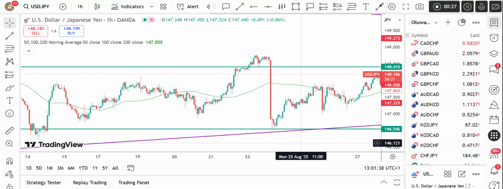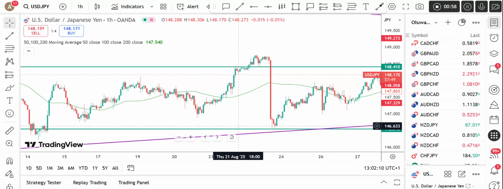The first candlestick pattern that I will be talking about is what I call the engulfing pattern for a bullish candle. So that's the bullish engulfing candlestick pattern. In this case, it means that a particular candlestick will close above the previous candlestick.